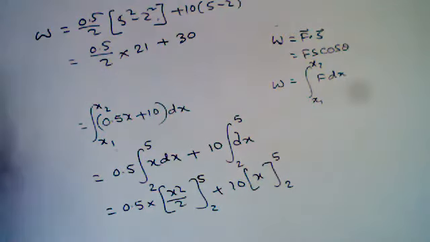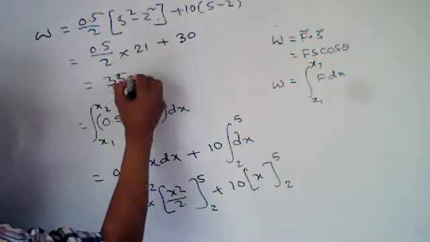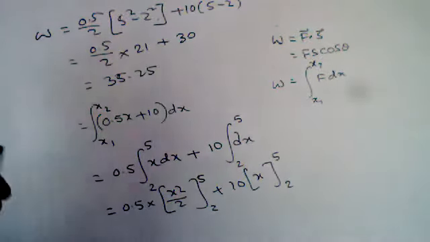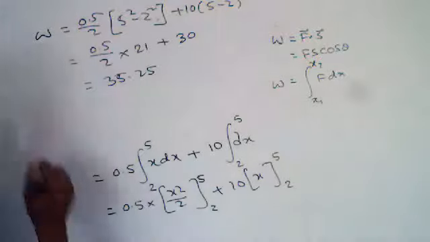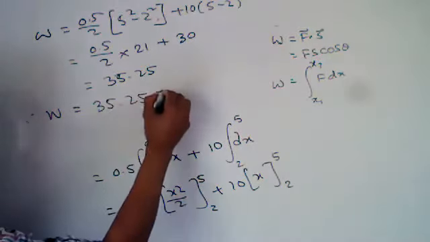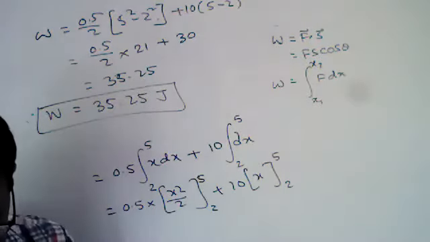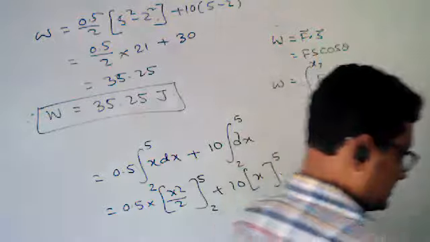So total work done will be 21 into 0.5 divided by 2, plus 30, that means 35.25. So work done W equals 35.25 joule. Understand? This is the work done in this case.